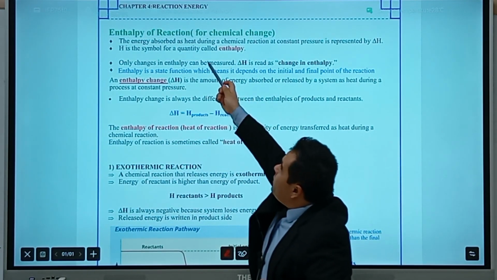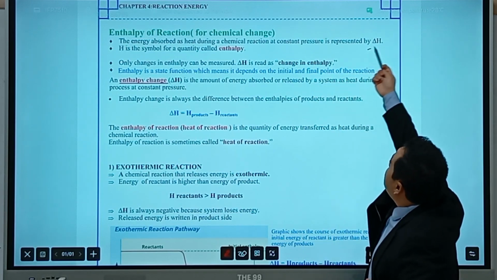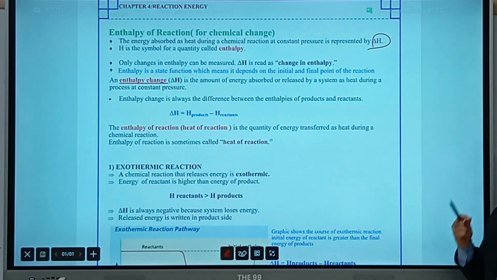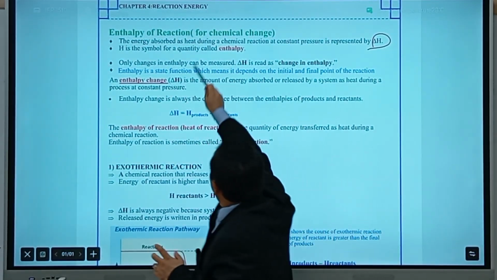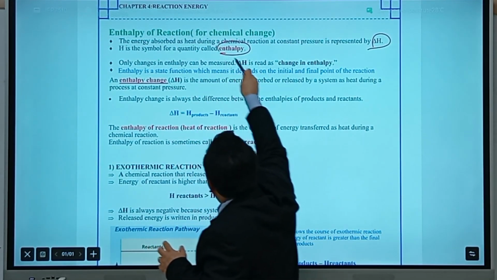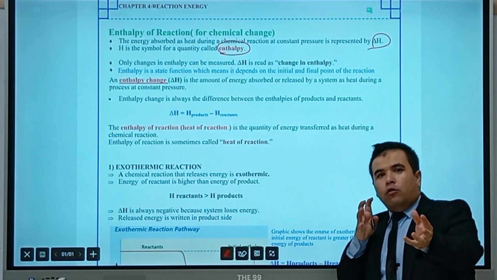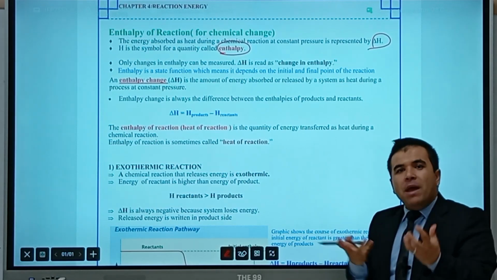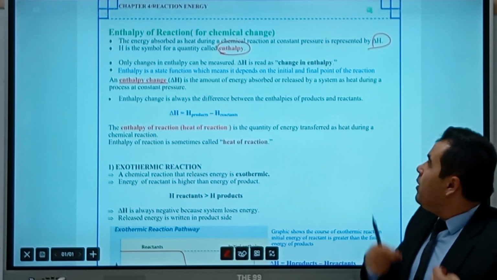The energy absorbed as heat during a chemical reaction at constant pressure is represented by delta H. What's delta H? H is a symbol for a quantity called enthalpy. So the amount of heat transferred between two systems is measured by the enthalpy.